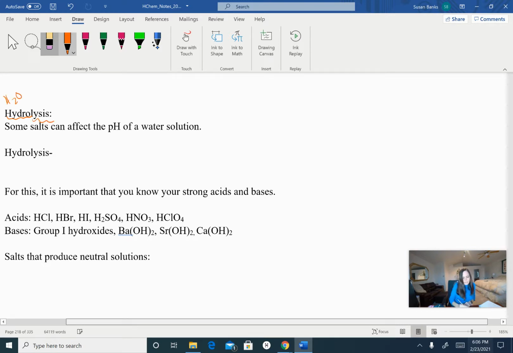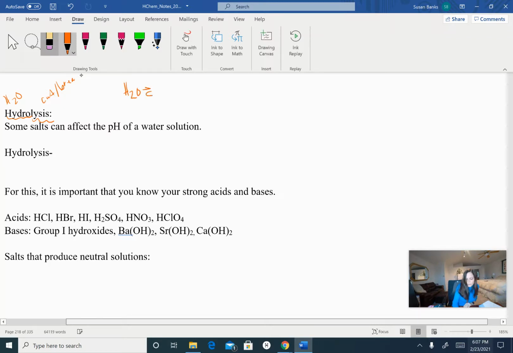And lysis means to cut or to break. So we are going to be cutting or breaking water. So hydrolysis is just a fancy way of saying that we can break water apart.